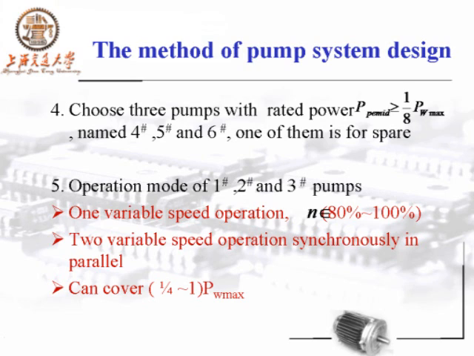And when the two variable speed pumps operate synchronously in parallel, they can cover 1/4 to 1 of such a pump.